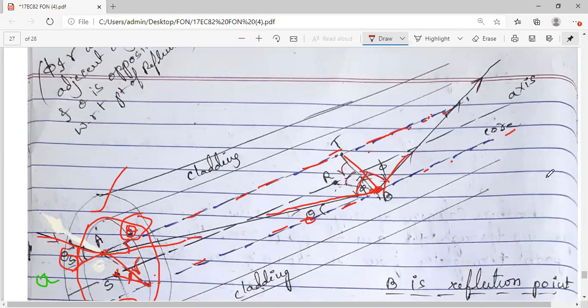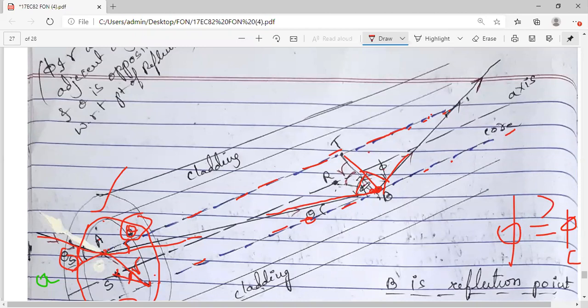This is your angle of reflection, that is phi. And for your total internal reflection, the limiting case of TIR, phi is equal to phi c. If you remember yesterday's class, we have seen this. Phi equals phi c is the limiting case of total internal reflection. And if this becomes greater, then it will become total internal reflection.